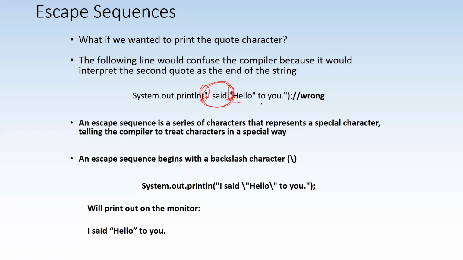Whatever is afterwards is really garbage and it's wrong syntactically to the compiler. What you wanted to do is to print out the quotes here, right? That's your intention, but that intention is not interpreted by the computer. Remember, the computer only interprets your instruction. So it looks at this, okay, this is what you want to print. That's the end. And this is not okay. It's wrong. So the compiler will not compile, right?